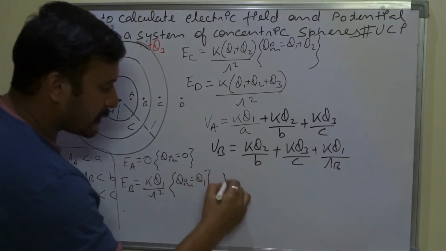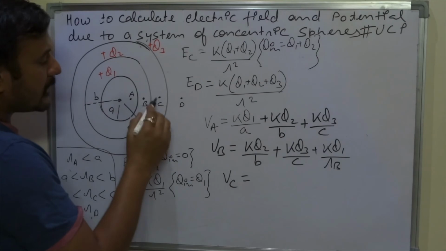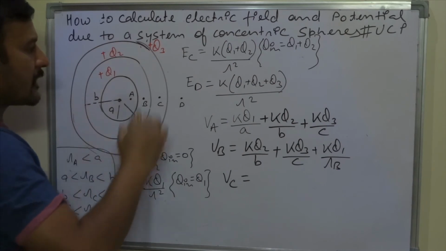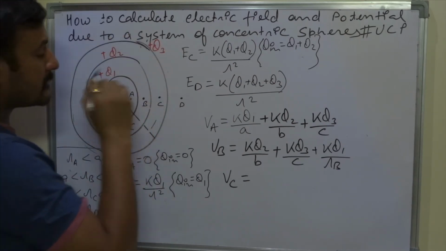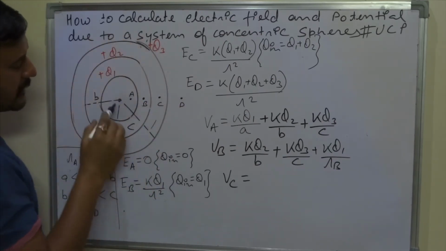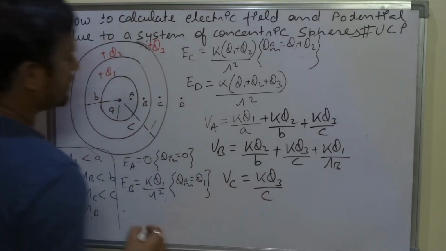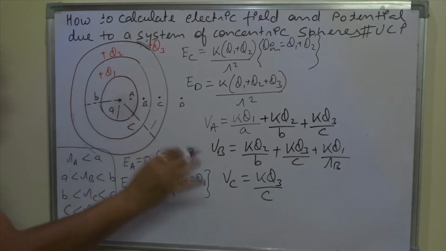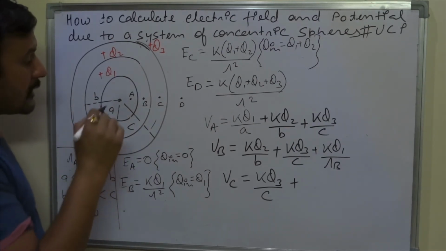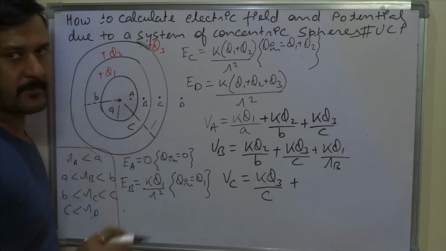I am writing the potential at C also like that. Now C has these two spheres inside it and the bigger sphere outside C. So first we write the potential at C due to the largest sphere of radius C, which is kq3 by C. We have already discussed this. Plus, one thing is important: when writing the potential at C due to its inner spheres, we can sum up their charges.